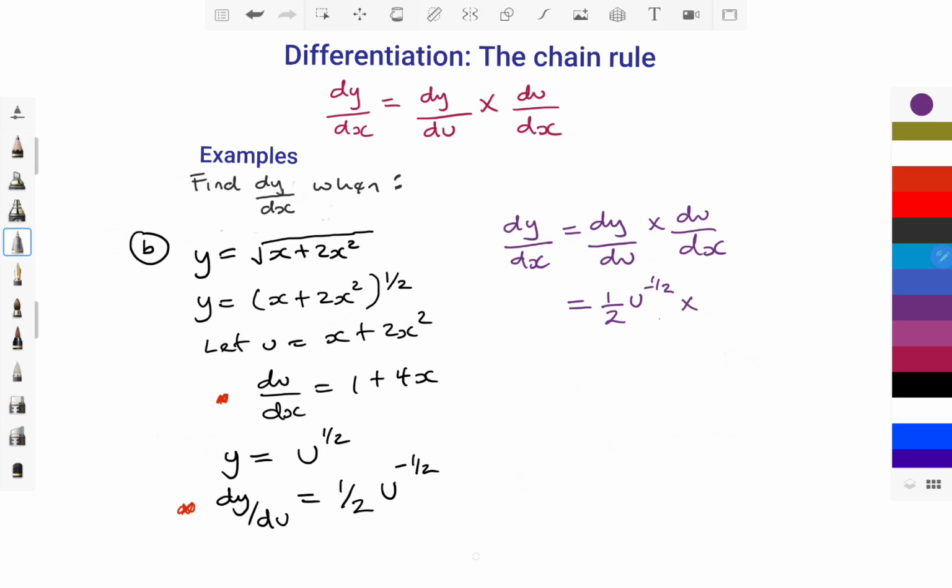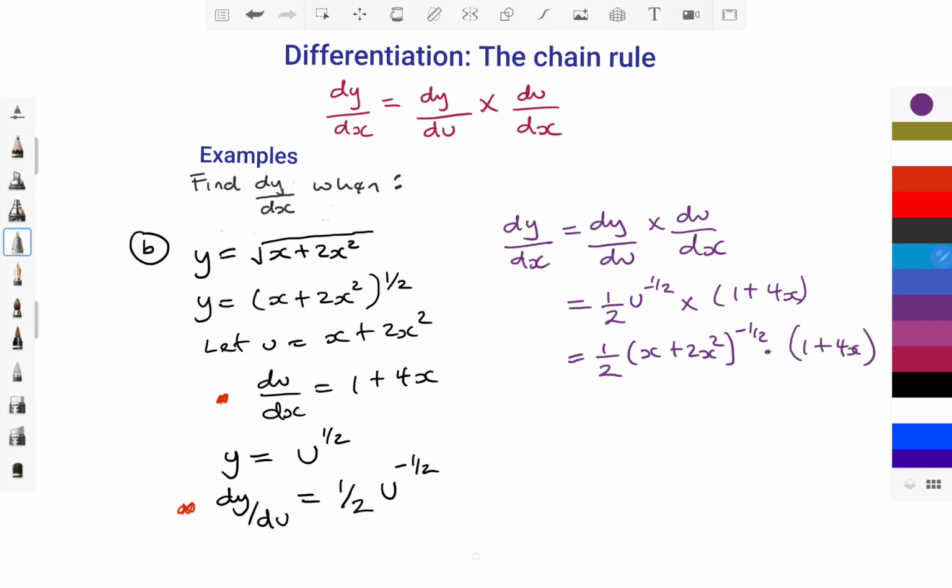times du/dx, which is (1 plus 4x). I'm going to use my bracket because it is an expression. Substituting back the value of u, I'm going to have 1 over 2 (x plus 2x squared) to the power of minus half times (1 plus 4x).